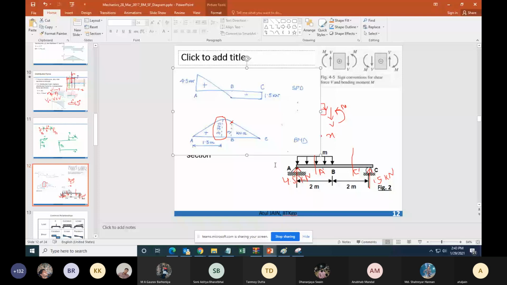The bending moment diagram and shear force diagram are not independent of each other. So that is one way of checking it. Usually my prescription is that you try to do it normally, but use that knowledge for checking whether or not your solution is correct.